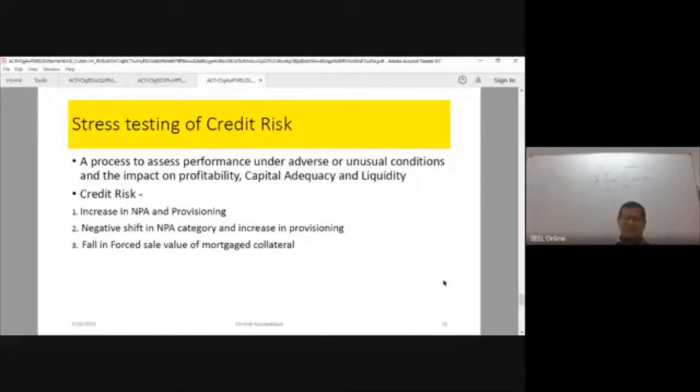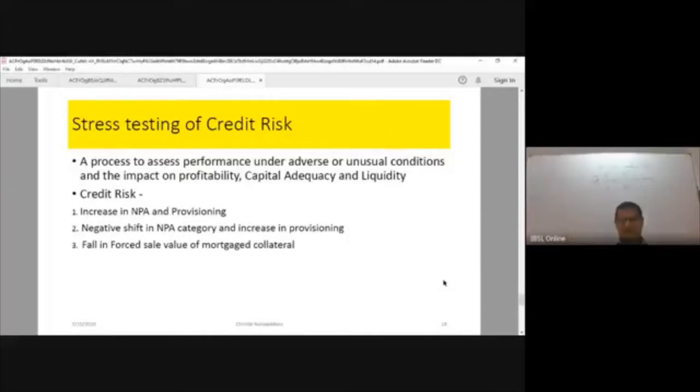So we may need to calculate this on, we'll say, the construction industry. You may have given 10 loans, keeping 75% of the forced sale value as collateral. Now prices fall by 35% because of the stress situation. Stress situation comes when either demand is not there, or there is large supply but no demand for condominium property.